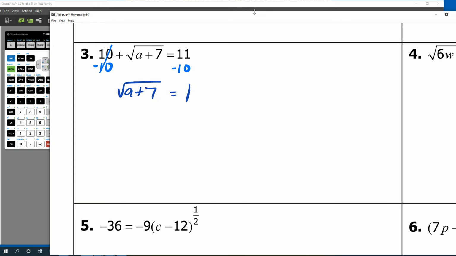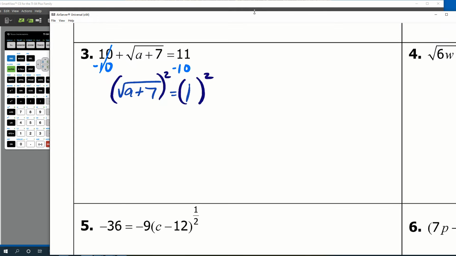All right. Then once there's nothing outside of your radical, you're going to raise both sides to the power of the index. So for a square root, what do you think you're going to use? 2. Yep. So you're going to square both sides to get rid of a square root. Right?